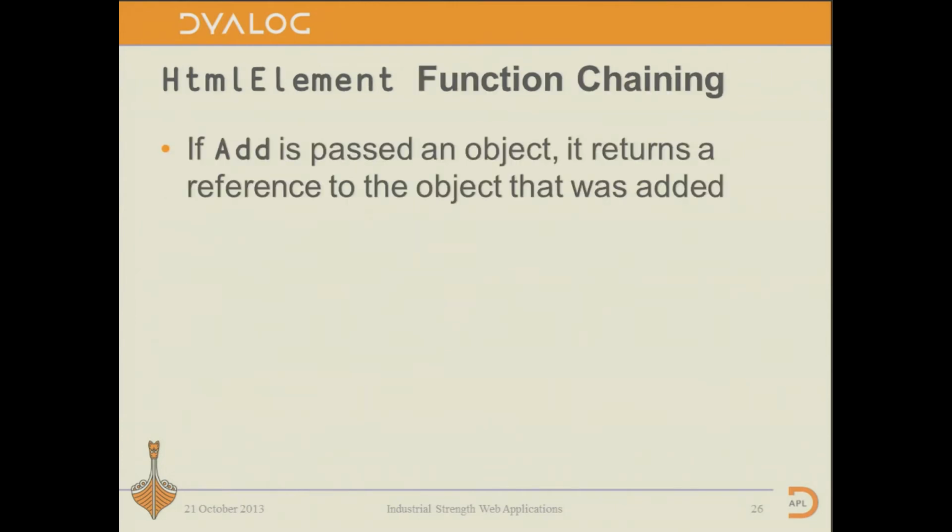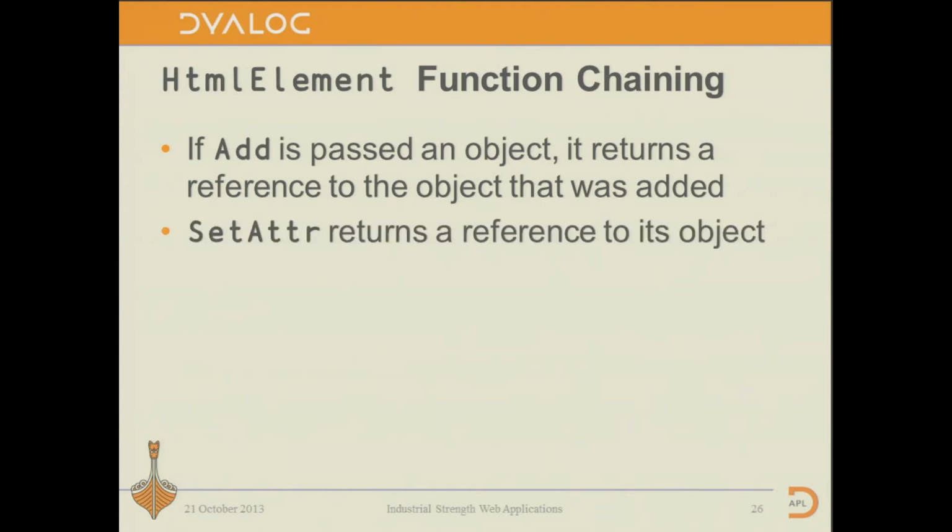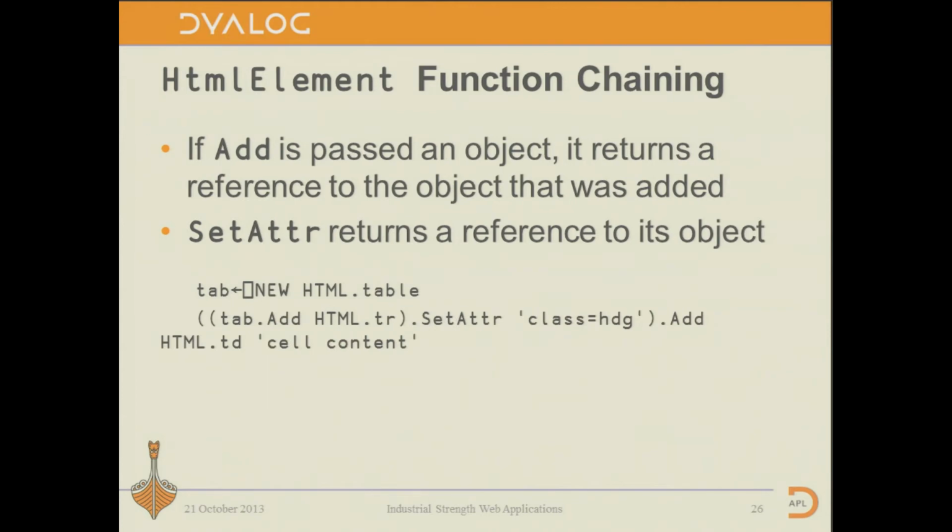In my work with jQuery, I found they have a technique called function chaining, which I thought was really cool, so I've implemented it in the object model. If add is passed an object, it returns a reference to the object that was added, and setAttr returns a reference to its object. So I can create a new table element here, and then add a table row, a tr element, to that table.